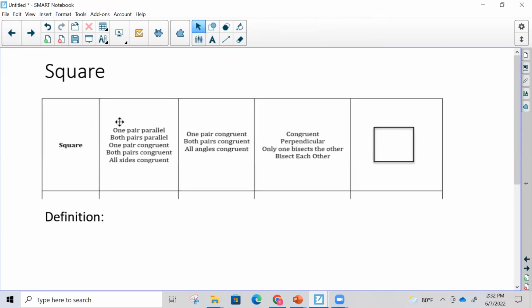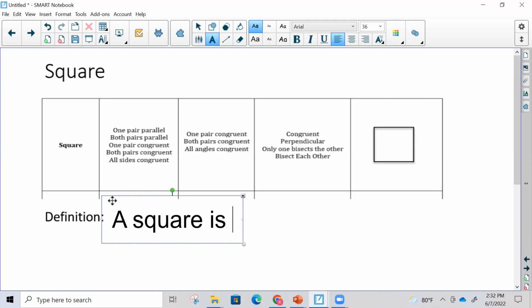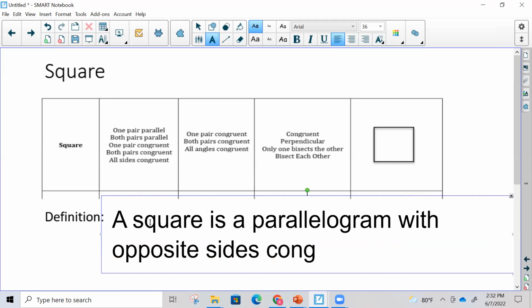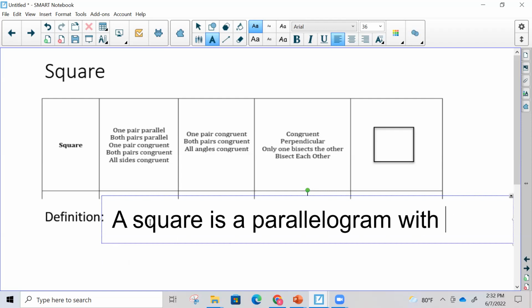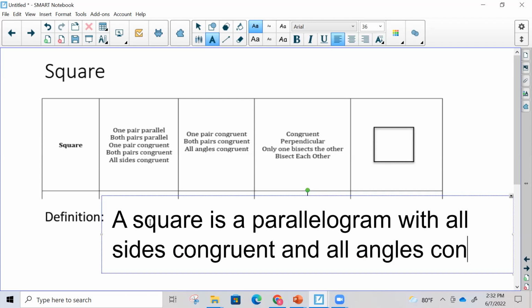Okay, so then we have a square, and that's usually the one that most people know the most. A square is a parallelogram again. Secondly, also a rectangle and a rhombus, but we could classify it as a parallelogram with opposite sides congruent, with all sides congruent and all angles congruent.